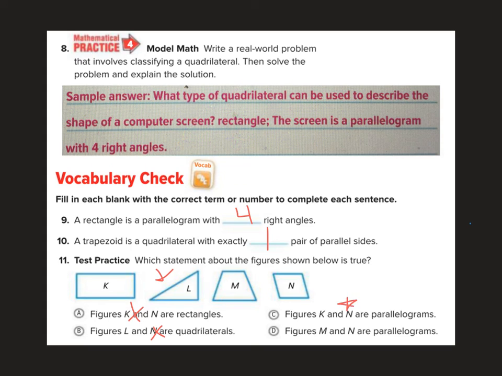That is true. Figures M and N. M is not a parallelogram because it is a trapezoid. It only has 1 set of parallel sides. These 2 sides are not parallel. So if you extended them, look at that, they crisscross. They are not equidistant apart. So our answer is C. Figures K and N are parallelograms.